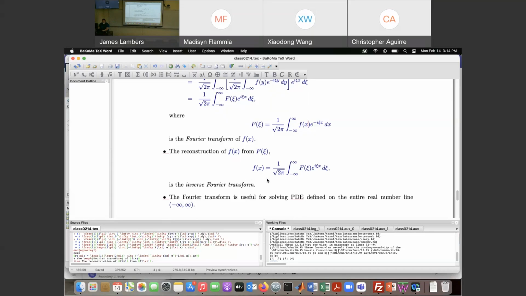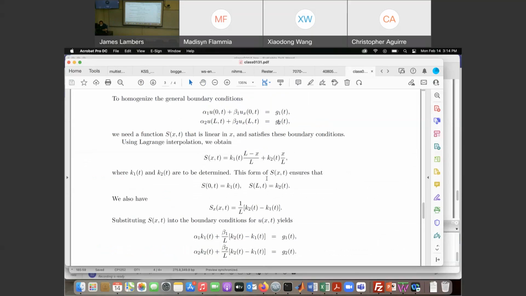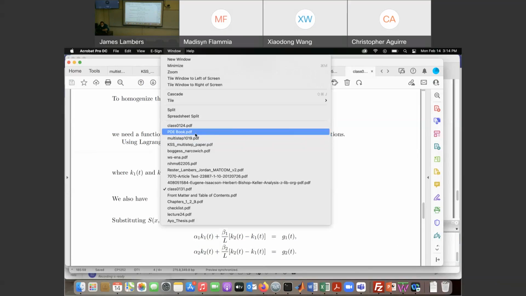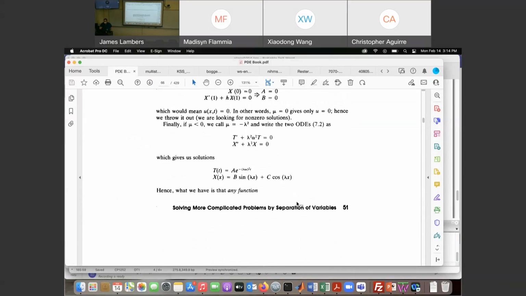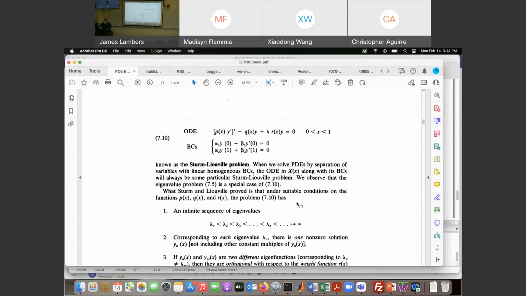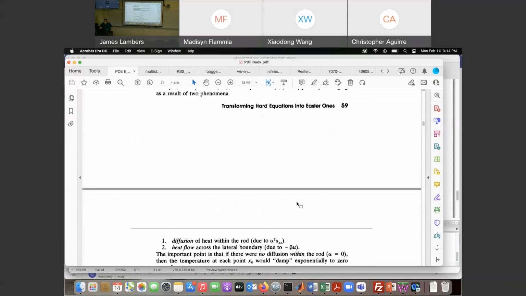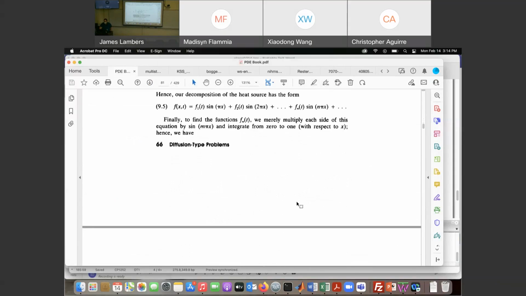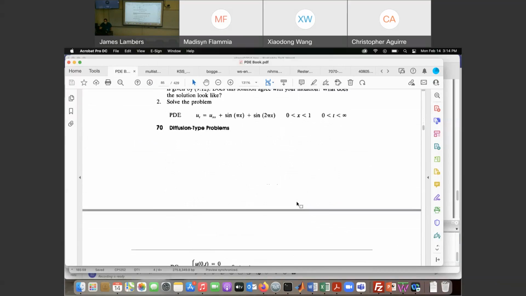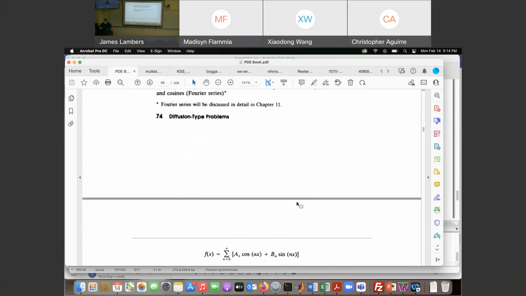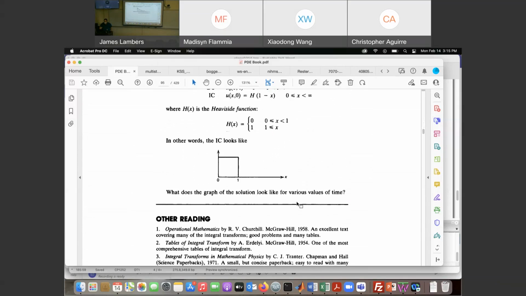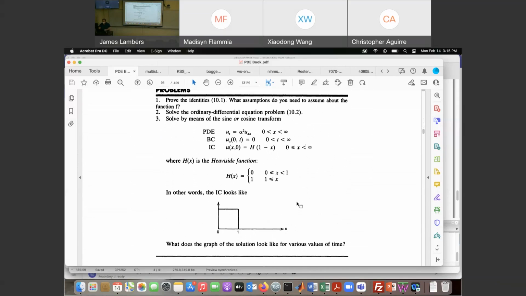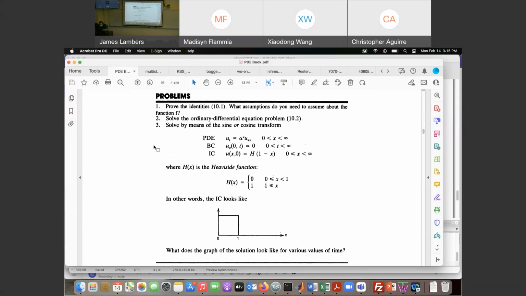Which reminds me, one of the current homework problems I thought was a bit odd. Lesson 10. Okay, this is problem 10.3.